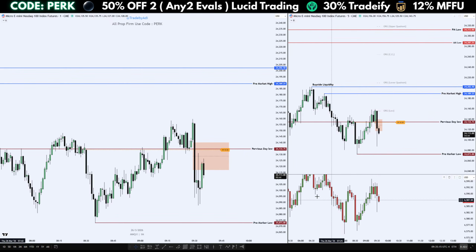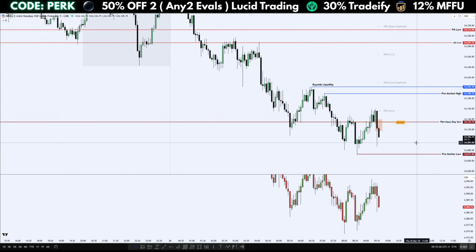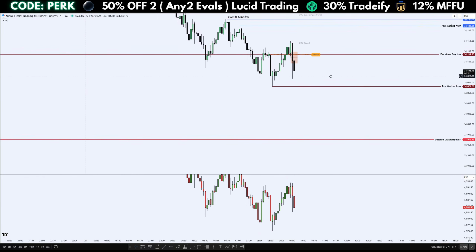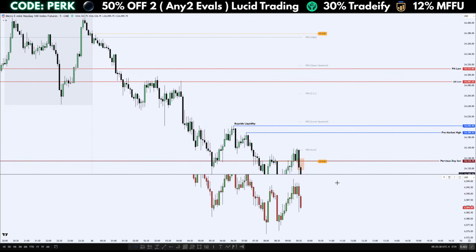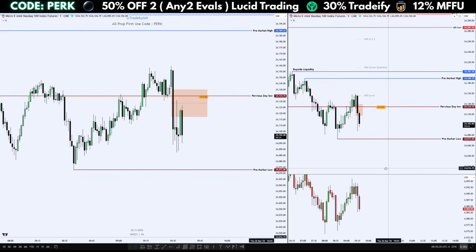If we have the structure like this, if we have the SMT with ES, okay, and we have a structure, and then it is good, because right now I just need more information today.